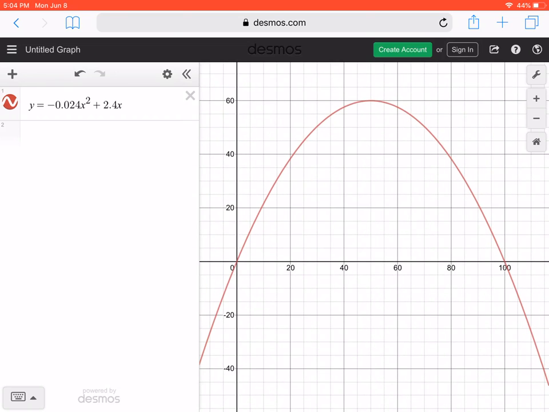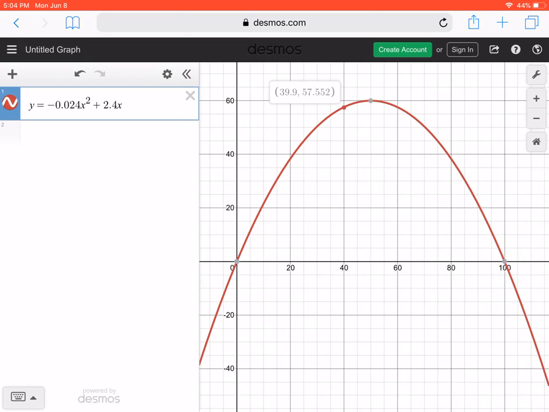If we look at where our x-intercepts are, there's an x-intercept at 0 and 100. Our vertex would be at (50, 60), but this particular question wants to know at x equals 40, so I'm just going to trace it and see how close I can get. There you go: 40 and 57.6.